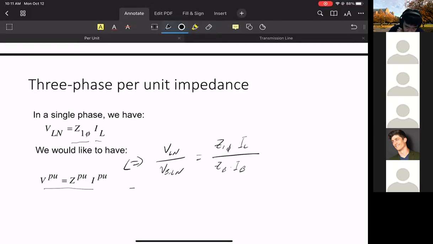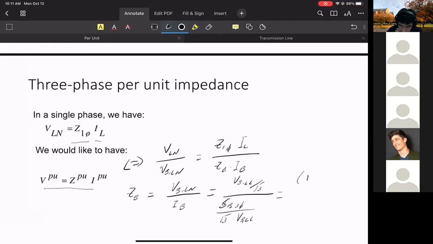So we rearrange this equation. What we get is the base impedance, the base line-to-line voltage divided by √3, over the three-phase power divided by √3. This is the expected equation.